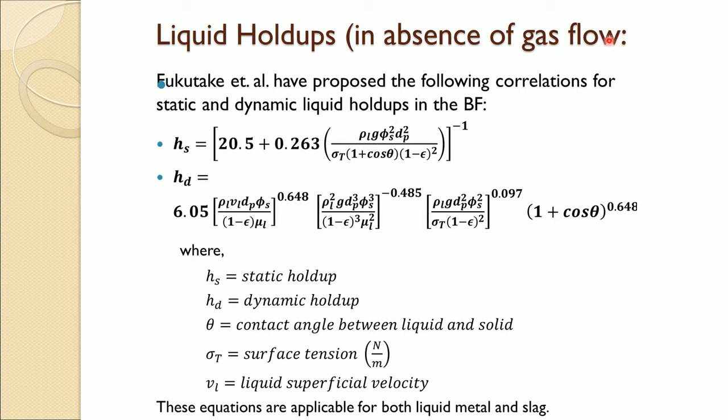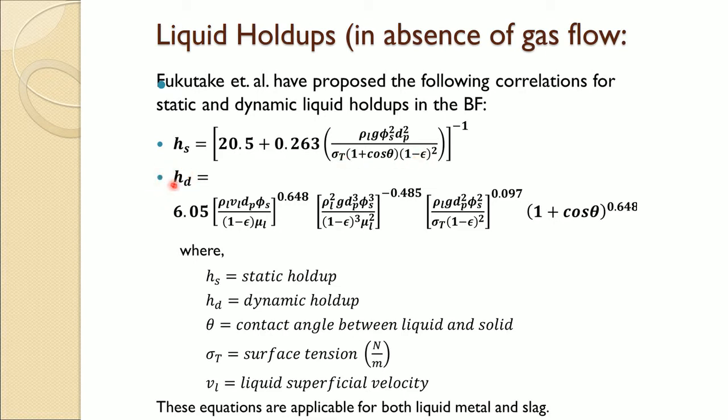As I mentioned previously, when gas flow is not there, there is still liquid sitting in between the particles. So, in absence of gas flow, the static hold up is represented by this correlation, where rho L is the liquid density, g is the acceleration due to gravity, phi s is the shape factor, dp is the particle size, sigma t is the surface tension, theta is the contact angle between liquid and solid, and epsilon is the void fraction in the packing.